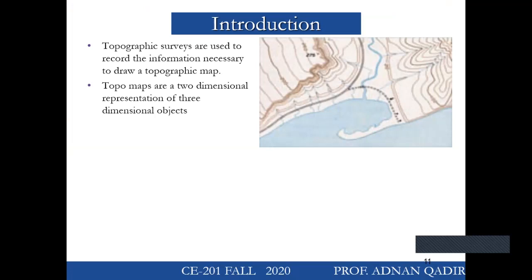As you can see from this picture, it shows only the XY, but the third dimension is shown in the form of those contours, or we call the elevation. So even though this is a two-dimensional map for an ordinary person, for an engineer, this is a 3D map.